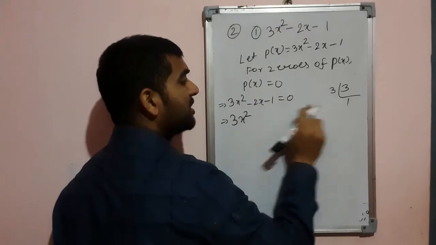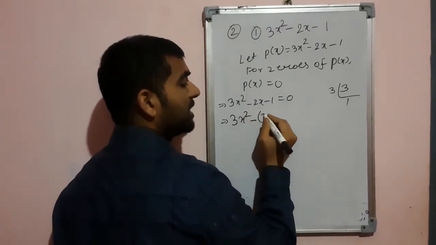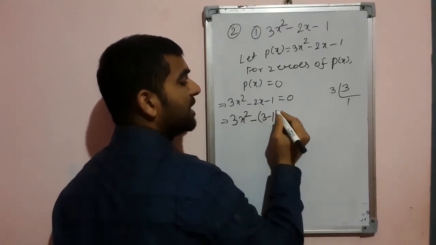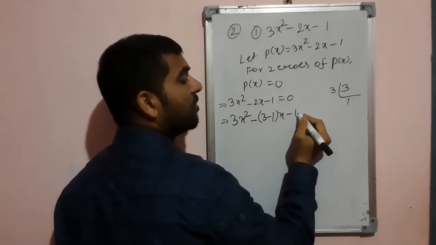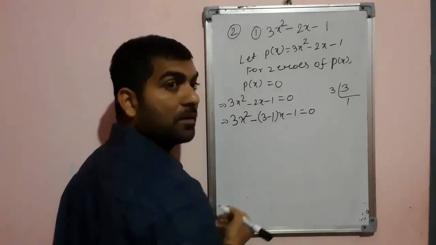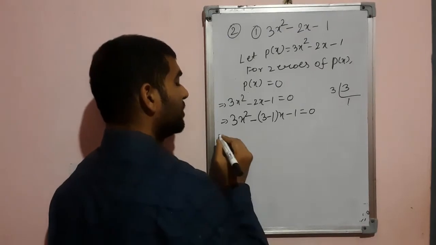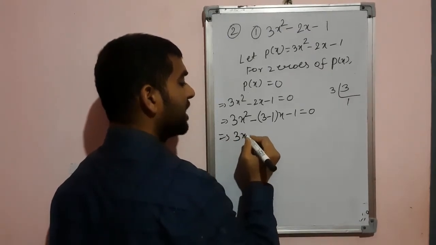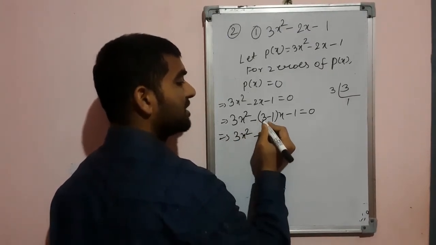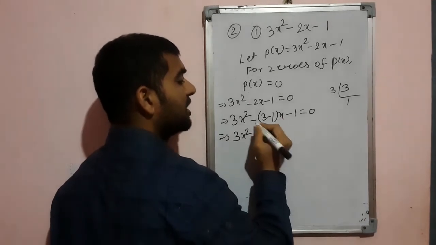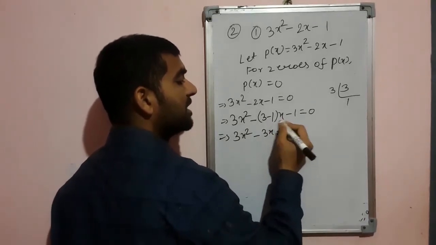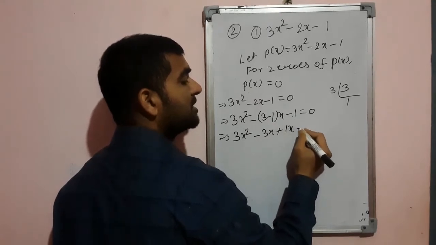So 3 minus 1 is 2. In place of 2, write 3 minus 1, x minus 1 equal to 0. What will you write here? 3x square minus 3x plus 1x minus 1.